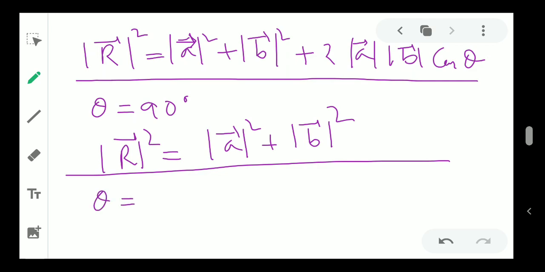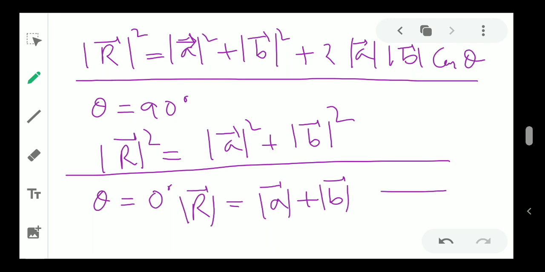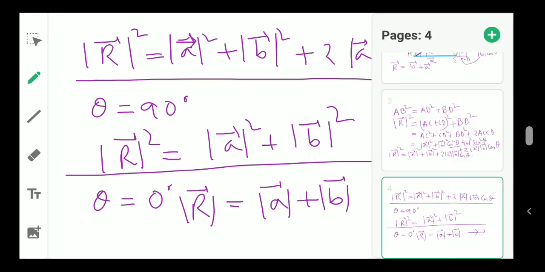If my theta is 0 degree, cos 0 is 1, so I will have R equal to A plus B, only the value. That means we are applying the vectors in the same direction. So that is matching what we first discussed.